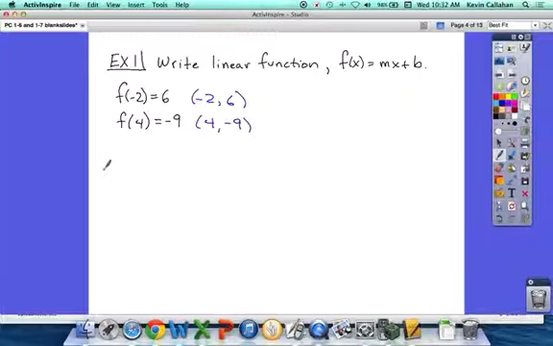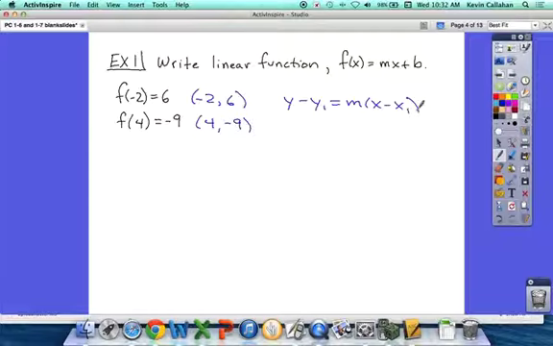So given 2 points, how do you write the equation of a line? Let's say we want to come up with y equals mx plus b, but in order to get there, we're going to start with this one: y minus y1 equals m times x minus x1.